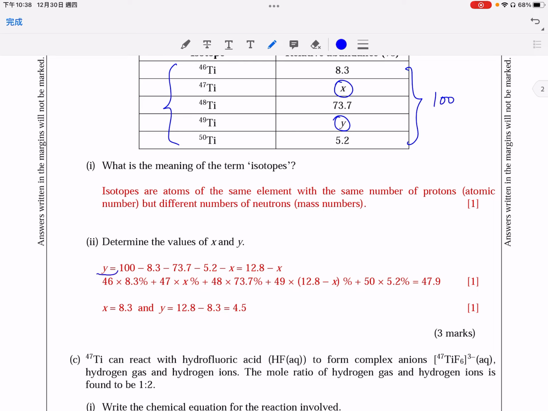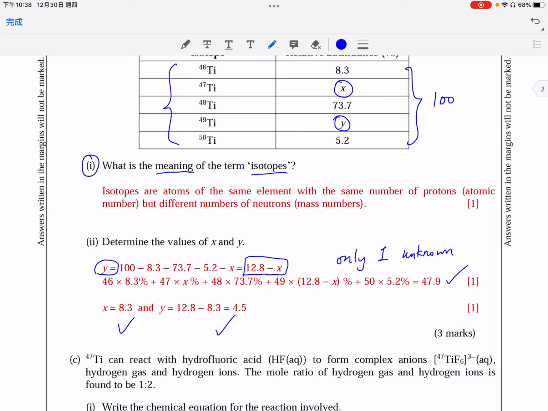So, in part 2, y is actually equal to 12.8 minus x. Therefore, you got only 1 unknown. So you can establish this equation and then you can solve the x and y.